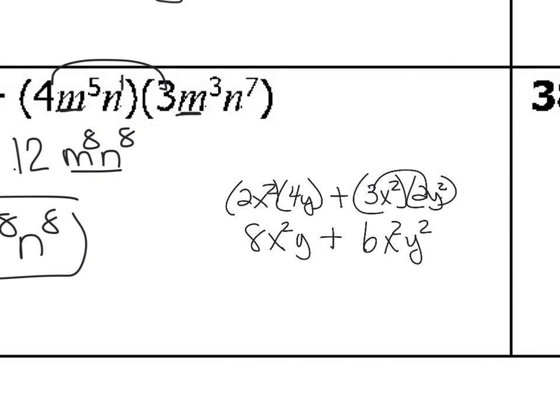Okay? Now, we're adding. Remember, only add like terms. Are these alike? Well, this y has an exponent of 1. This has an exponent of 2. So I cannot add them. Okay? This would be your answer. Because I cannot combine those. That's as far as I can go.